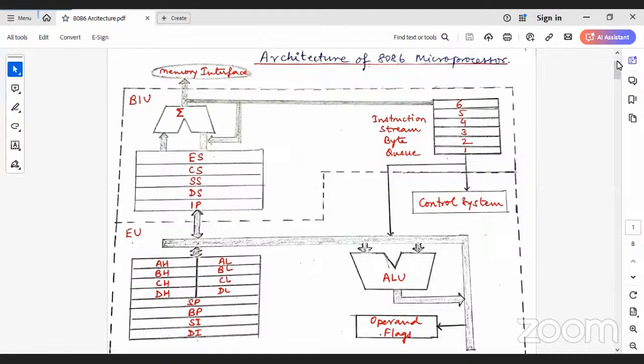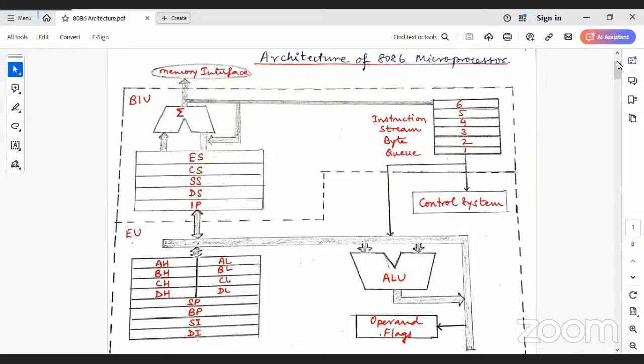Here one more point which you might have noticed: the address bus is 20 bits and the data bus is 16 bit. Now if you compare this feature with your 8085 processor, there you had a 16 bit address bus and an 8 bit data bus, and in the 16 bits of address bus, 8 bits are time multiplexed with the data bus.